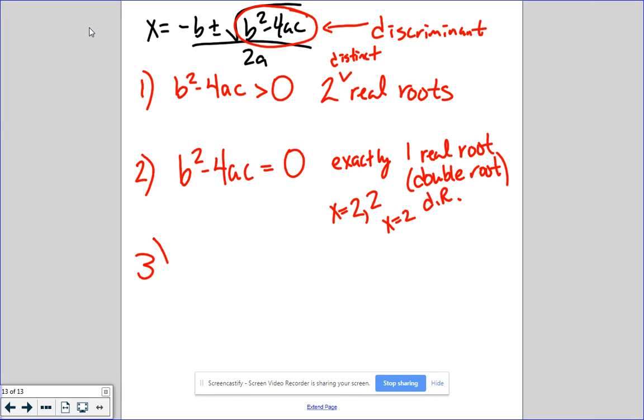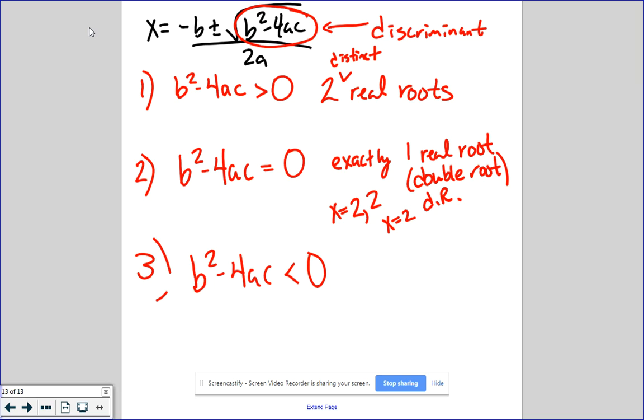So we have discriminant positive, and we have discriminant equals 0. What's the only case we have left? It's negative. If my discriminant is negative, that means what's underneath my square root is negative. What type of roots am I going to have? Imaginary, complex, right?